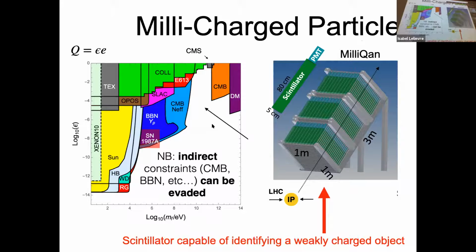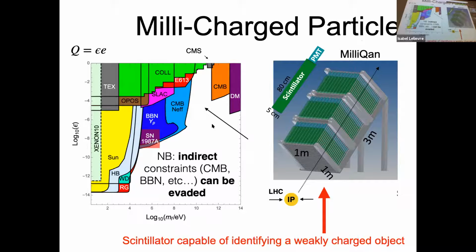And you can see there are all sorts of constraints. There are constraints from the sun, because millicharged particles will affect solar production. There are constraints from supernova, BBN, and the number of effective neutrinos in the CMB. But it turns out that in the LHC beam dump experiment region, there are no constraints, or very little.